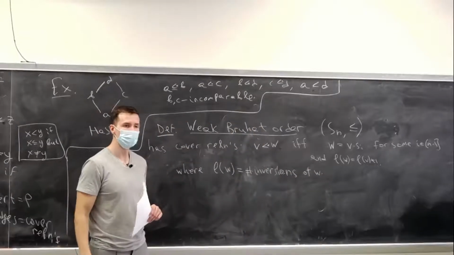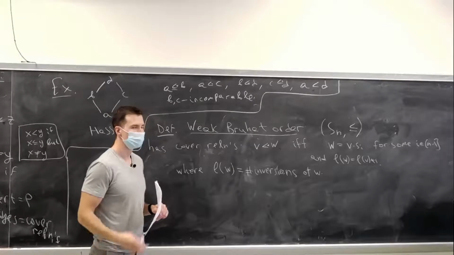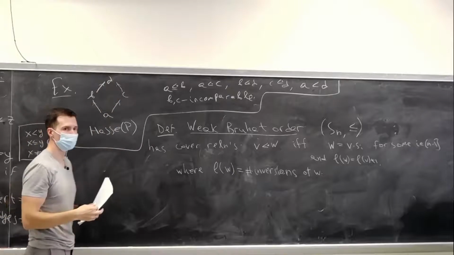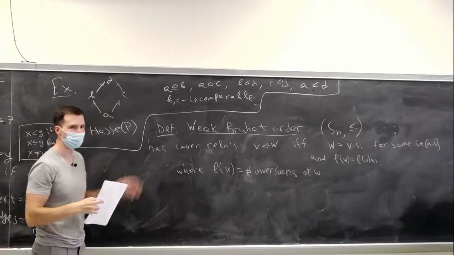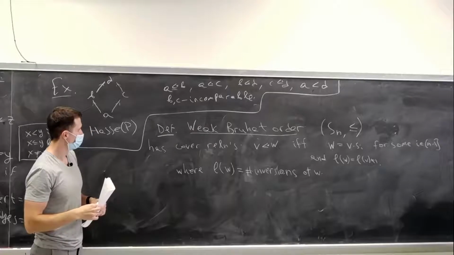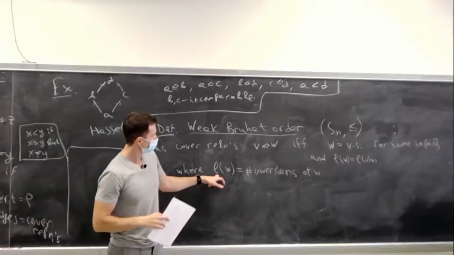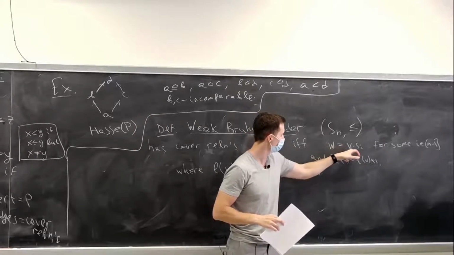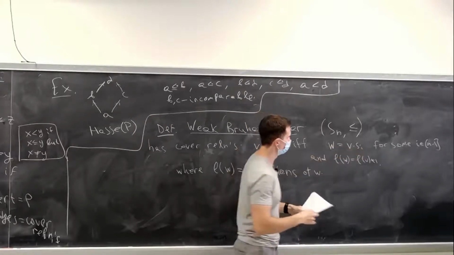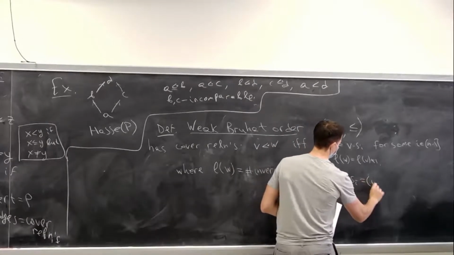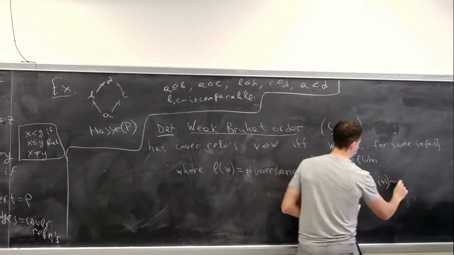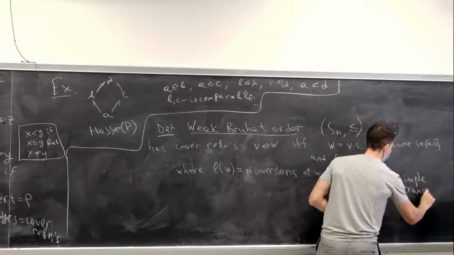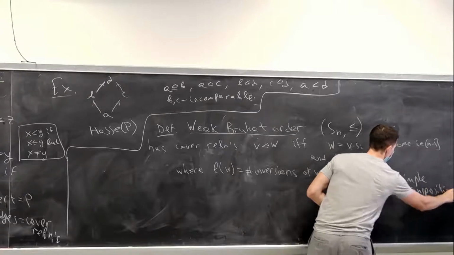Yes, it's considered directed upwards always in all of my pictures. But usually I just drop the arrows. So what are we doing here? We are saying one permutation is bigger than the other if it's obtained by a so-called simple transposition s_i.